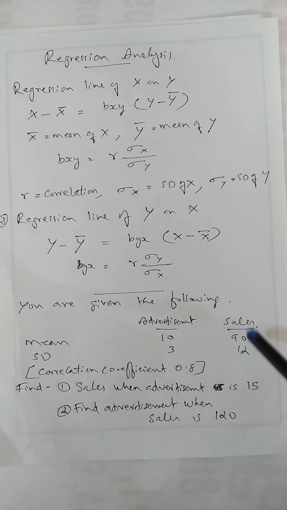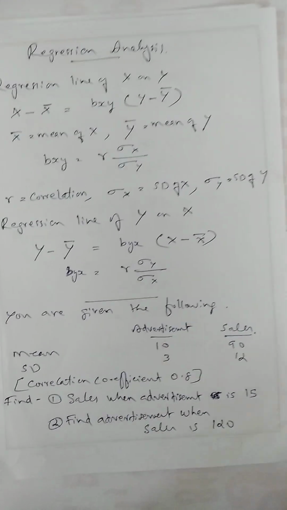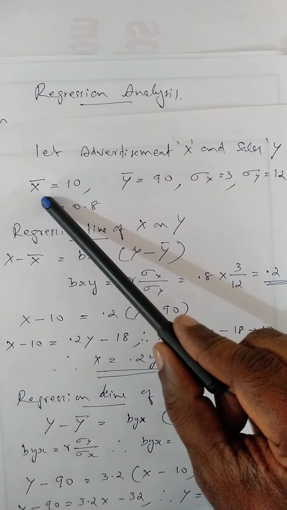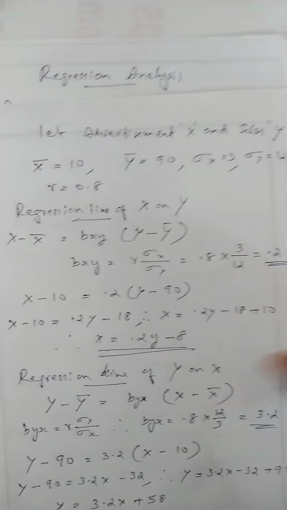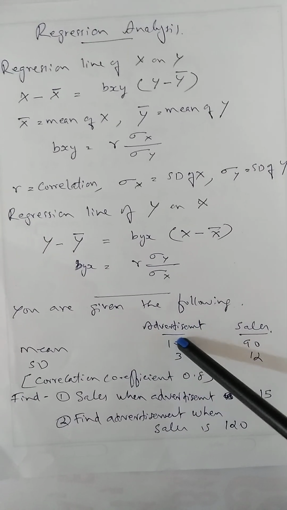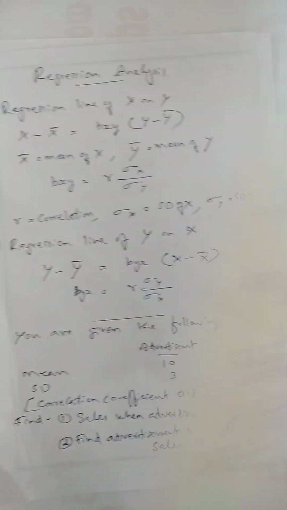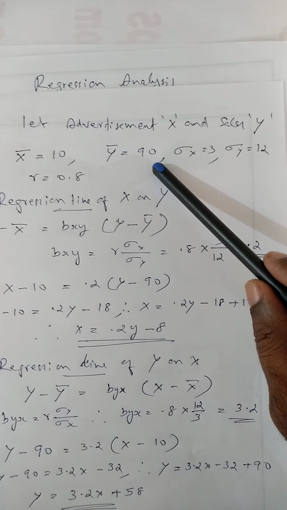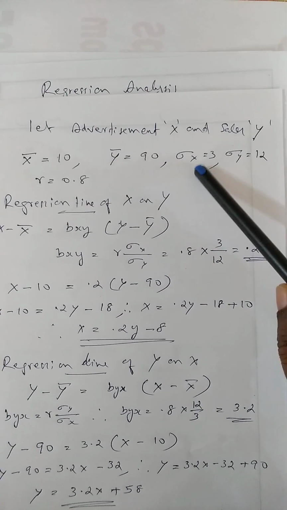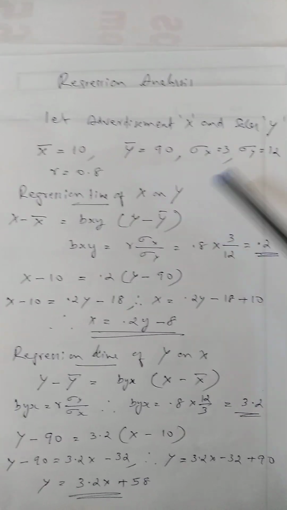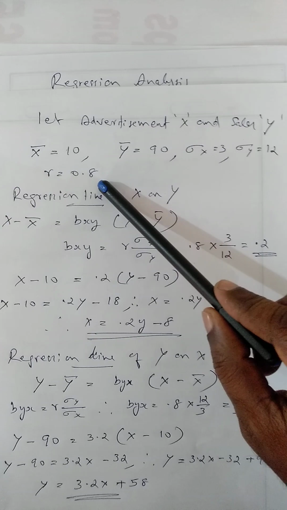Now I write these things here. See, mean of X is 10, we consider advertisement as X. So mean of X is 10. Similarly, mean of Y is 90, standard deviation of X is 3, and standard deviation of Y is 12. Correlation is given which is 0.8.